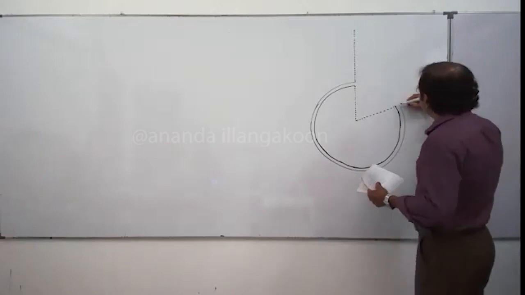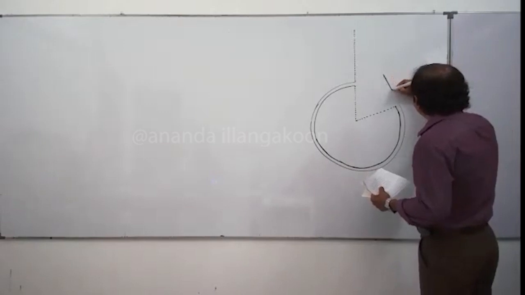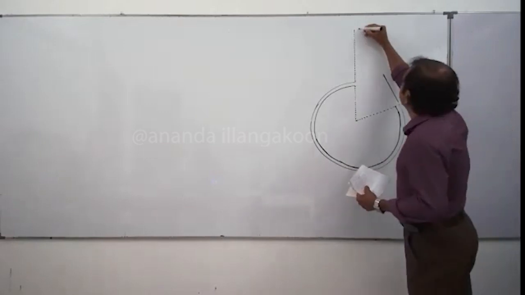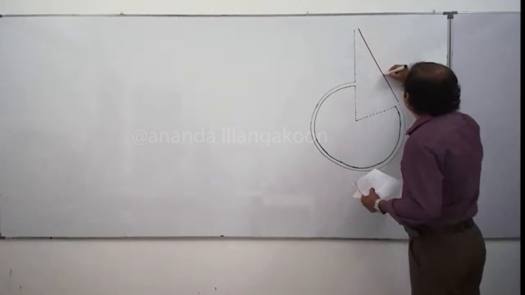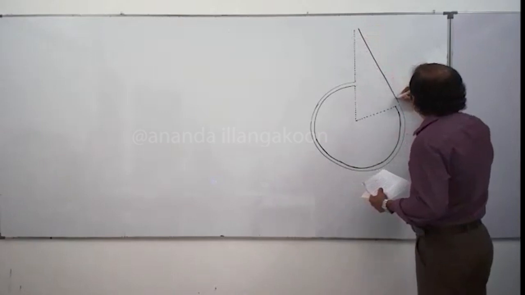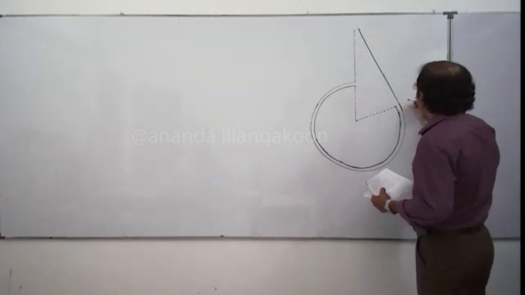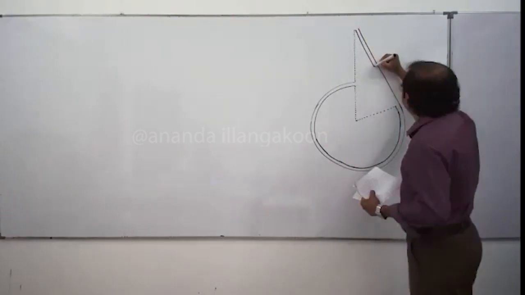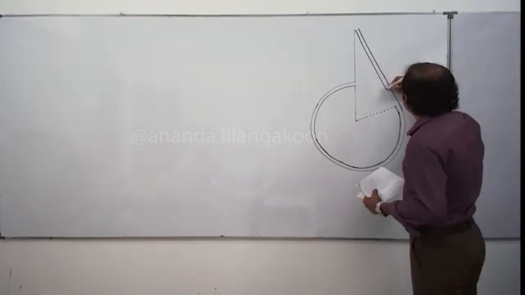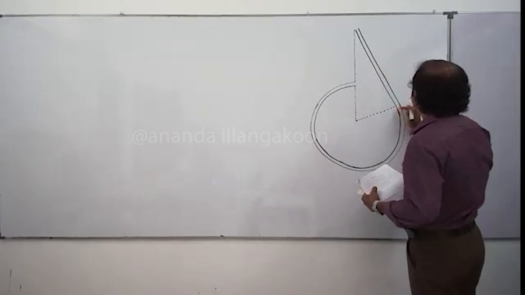This is the tangent. Tangential means at that point, this line is perpendicular to the radius. That's the meaning of tangent.